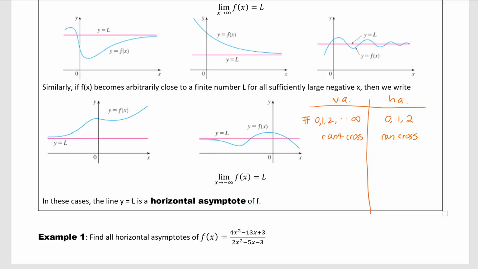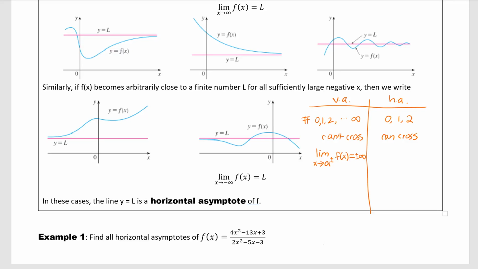Okay, and then how do we find vertical asymptotes? We're looking for when x is approaching a finite number, either from the right or from the left, and we want to see if the limit is infinity or minus infinity. Okay, if this happens, then we have a vertical asymptote.